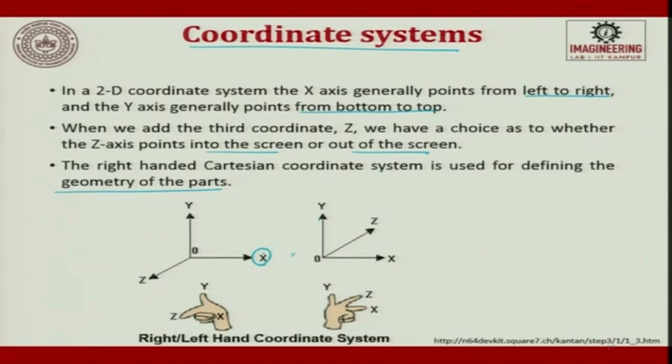This is your x, this is your y, and the z comes out of the screen. Generally we follow the right hand Cartesian coordinate system for doing any mathematical transformation on a screen or in CAD. Is it clear? In 2D we talk about left to right and bottom to top, and then z is into the screen or outward of the screen. The right hand coordinate system is out of the screen.